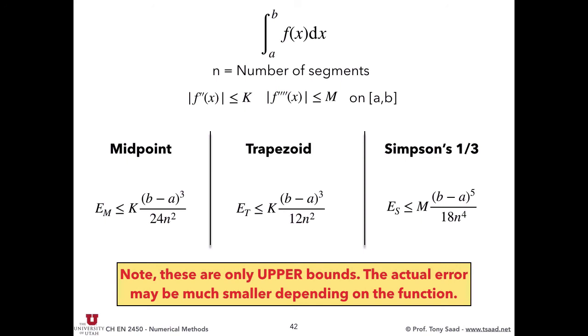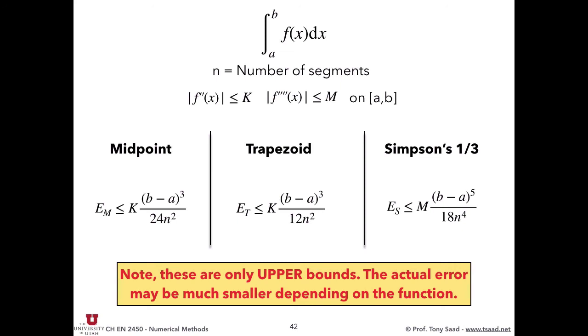And we have formulas for the midpoint, trapezoid, and Simpson's 1/3 rules. And I'm calling the error capital E, with a lowercase m for midpoint, T for trapezoid, and S for Simpson's. You'll see that all of those errors have a factor K multiplying the interval, that's the full interval, B minus A, over the number of segments, okay?